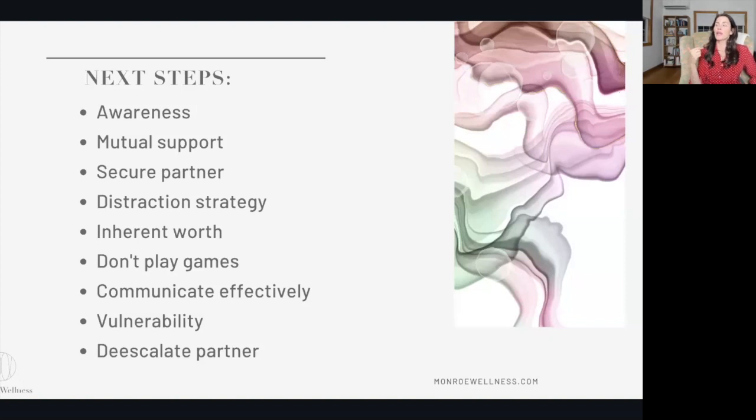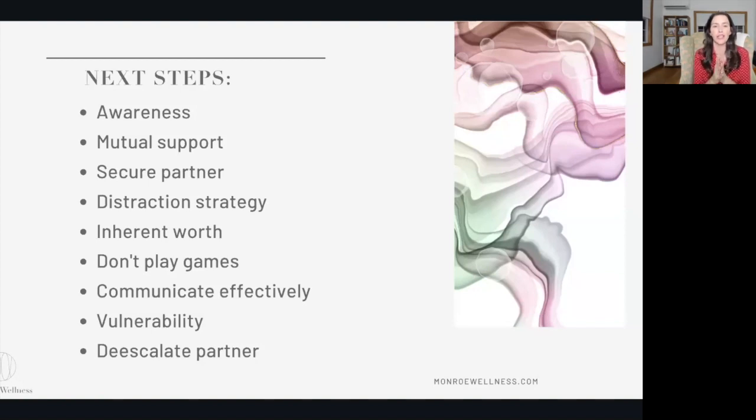When an anxiously attached person's nervous system is activated, it's overwhelming, understandably, and it can feel smothering. That triggers our fight or flight, wanting to get the heck out, right? So a secure partner is going to be the best one for us.